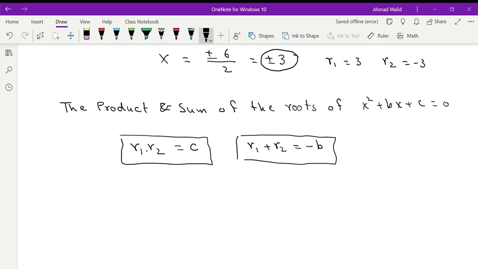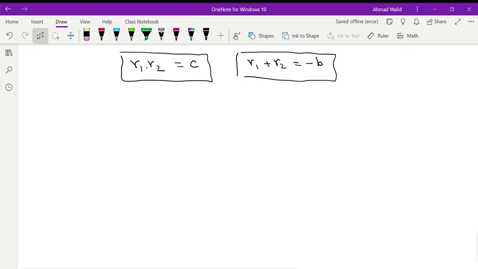Just understand that the product of two roots of a quadratic equation always gives you the constant term, and the sum of them gives you the negative coefficient of your x, which is negative b. Let's do the proof at least on one of them. Let me prove the first one, that this statement is true.